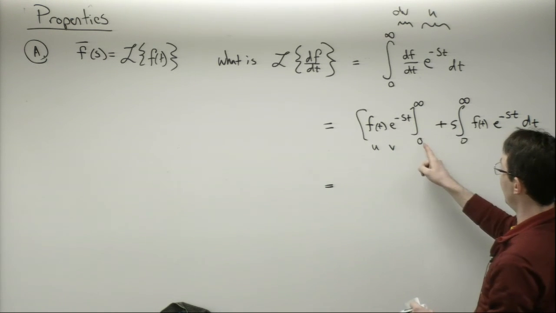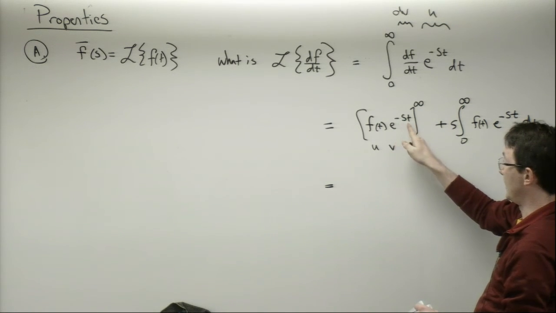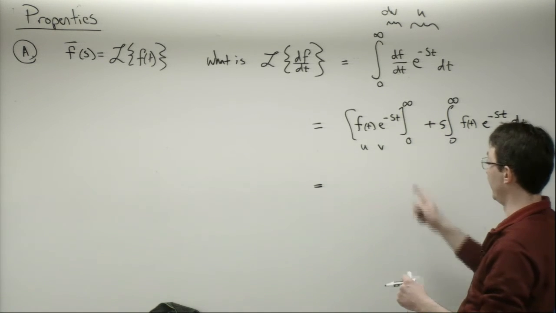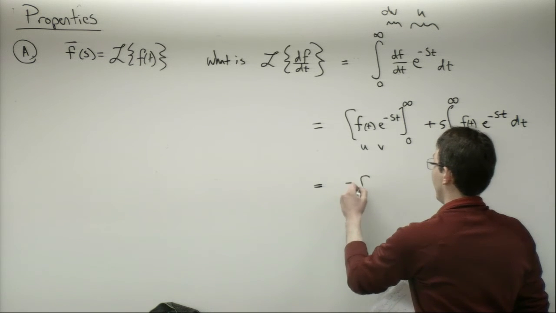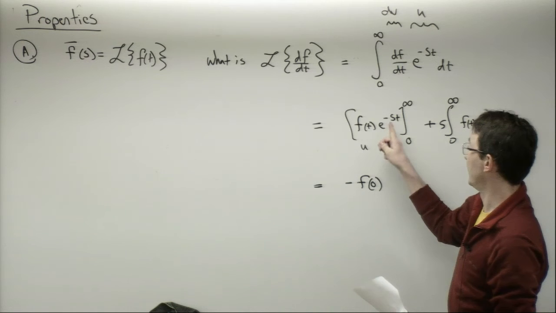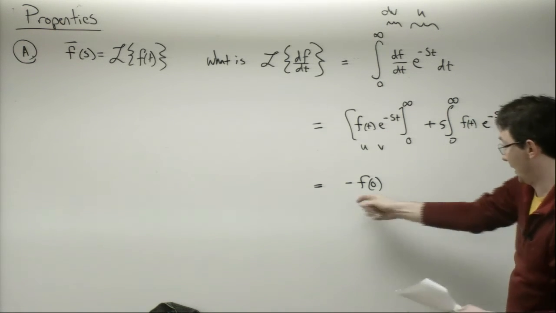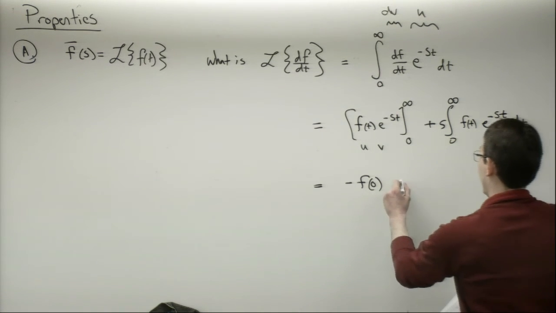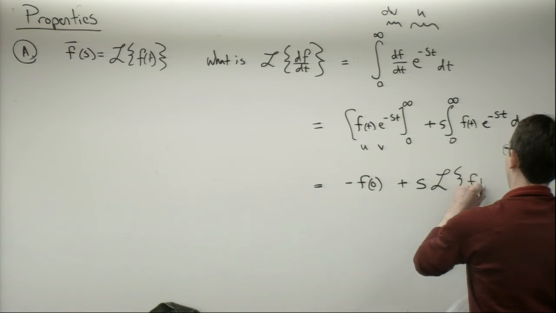It is true at plus infinity: e to the minus st is going to be 0, and so this whole thing is 0 at plus infinity. But at 0, I get minus my function evaluated at time 0 times e to the 0 s, which is 1. So I get this extra term that comes out. I have a constant in addition, plus s times the Laplace transform of my original function.